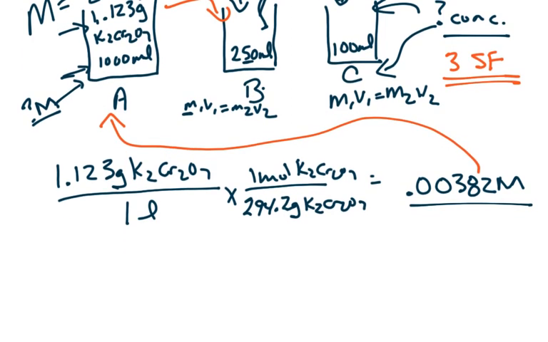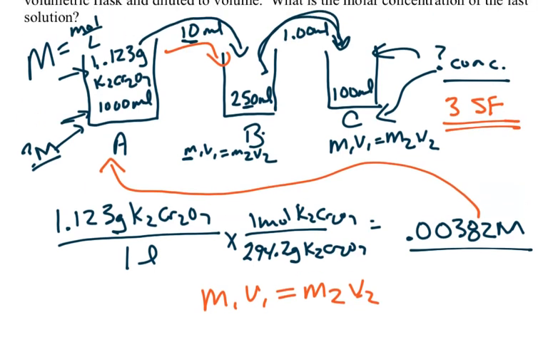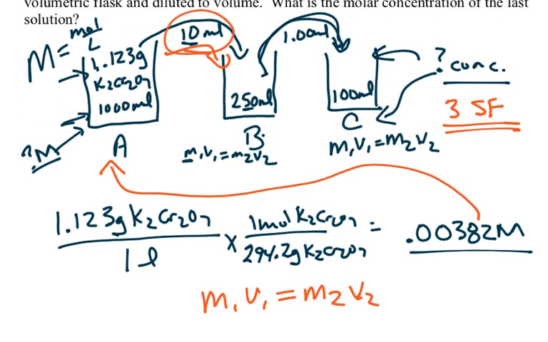So when we do that, that's M1V1 equals M2V2. Again, we'll keep our units the same, so it doesn't matter. Okay, so it's important here to recognize V is how much you take out, not its volume. No, it is how much you take out.